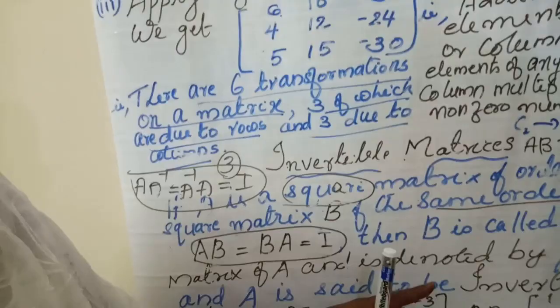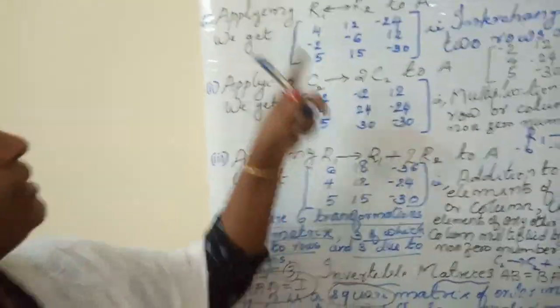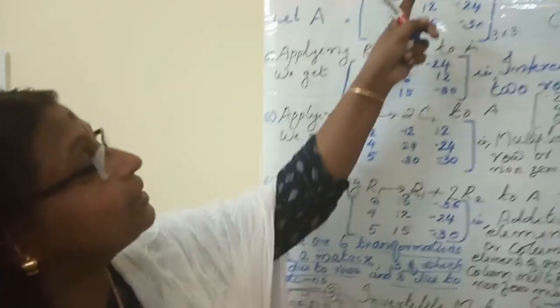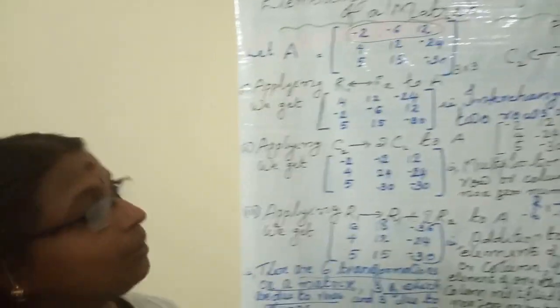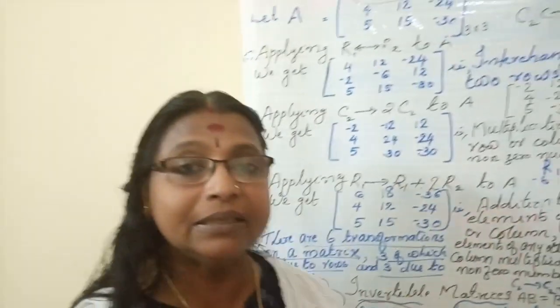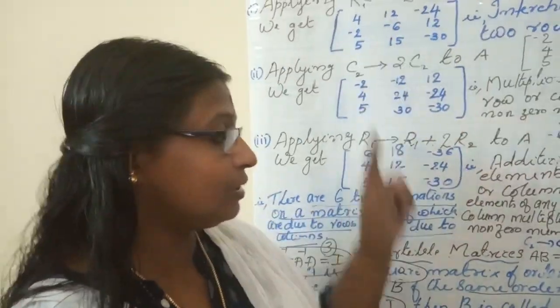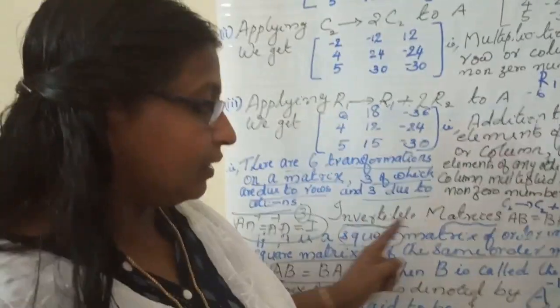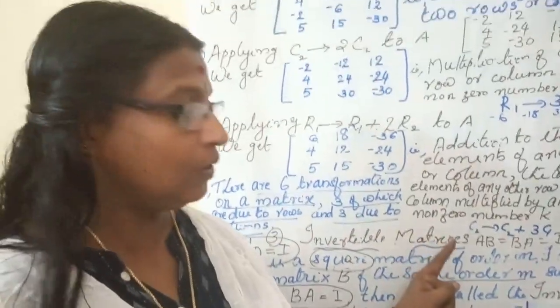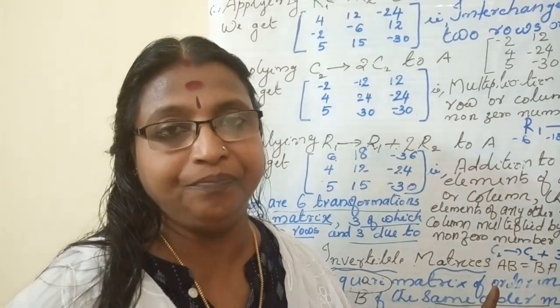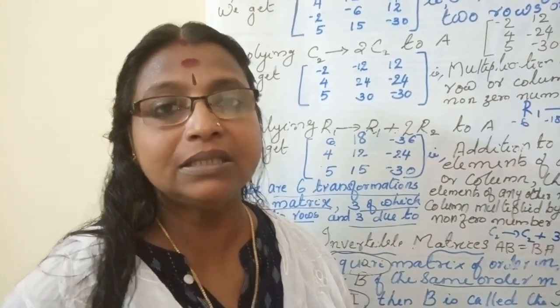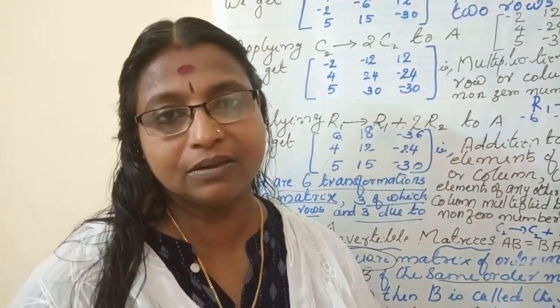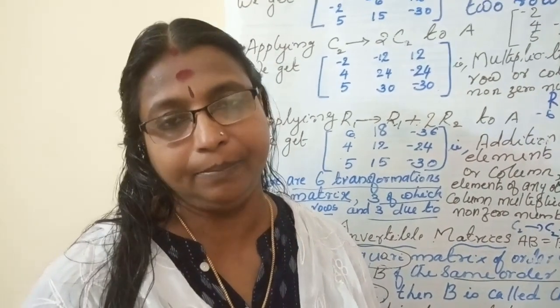Already I told you that you learned the topic elementary operations on a matrix. What is the use of this elementary operation? For invertible matrices, only one matrix is given, and the question is to find A inverse. A is a square matrix of order 2 or 3.